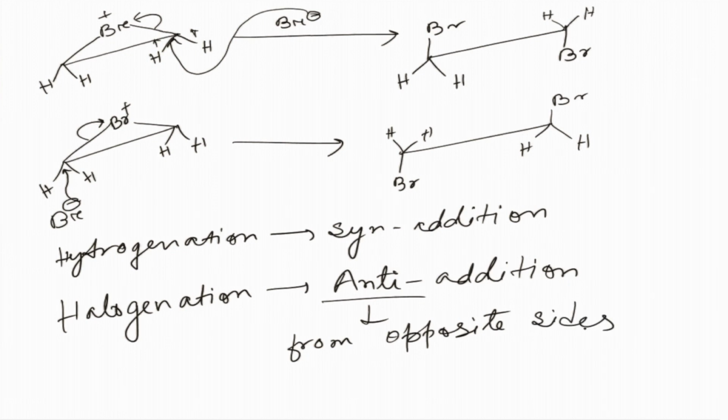So, in a bromine molecule, these two bromide groups will attack from the opposite directions, that is, in a carbon-carbon bond, the bromine groups will be attached in opposite directions. Okay. So, overall it forms vicinal dibromide, that is vicinal dihalide.